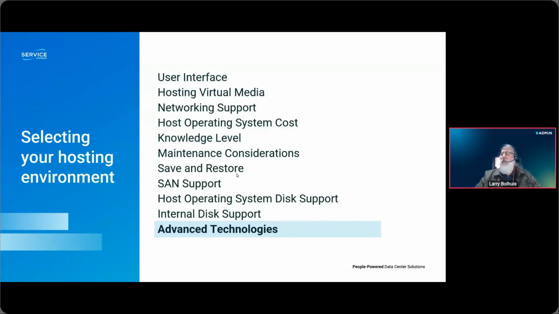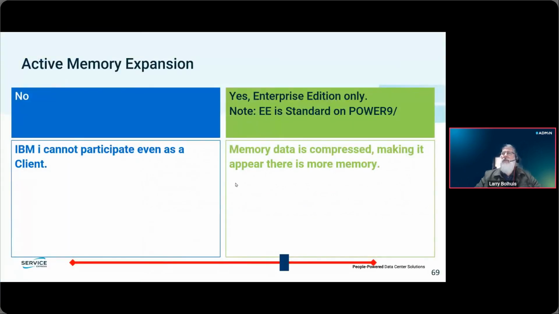All right, one last thing, advanced technologies. Can I do active memory expansion, which oddly is actually compression? And IBMI, no, and we can't even be a client there. But for Enterprise Edition, and it's standard on Power 9, I can do that. Memory is compressed and it makes it look like there's more memory.